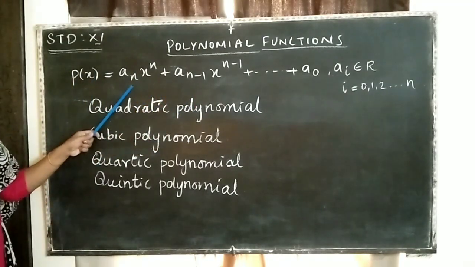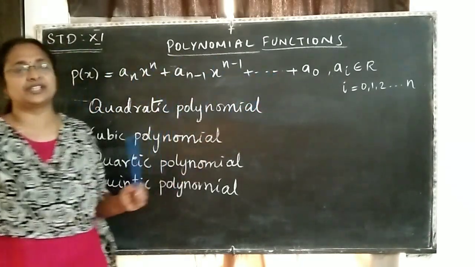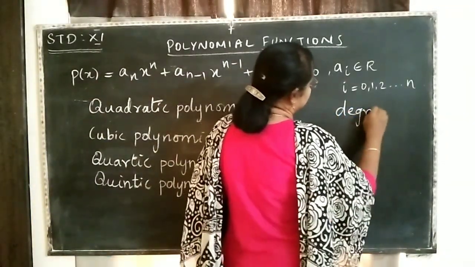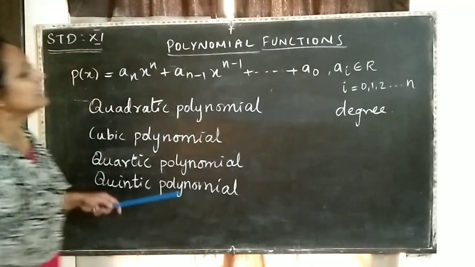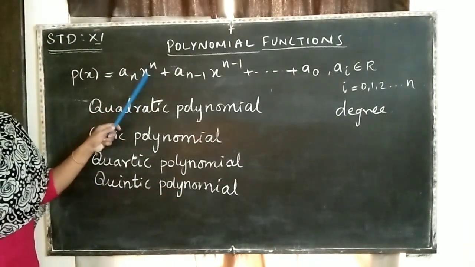One more important thing you have to see into this is the degree of the polynomial function. What is meant by a degree? Now degree is nothing but the highest power in the polynomial function.